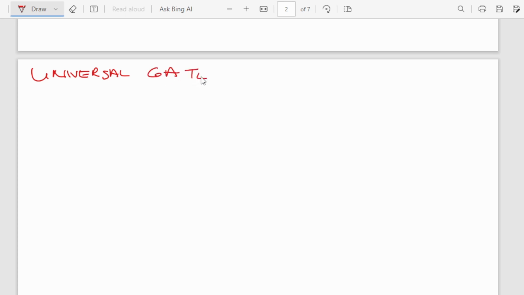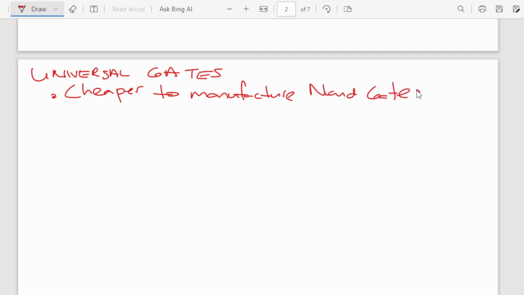In universal gates, we are able to use the NAND gate and the NOR gate to represent all the other gates. One reason why this is important is because it is cheaper to manufacture NAND gates. Since it's cheaper to manufacture NAND gates, some circuits use NAND logic.